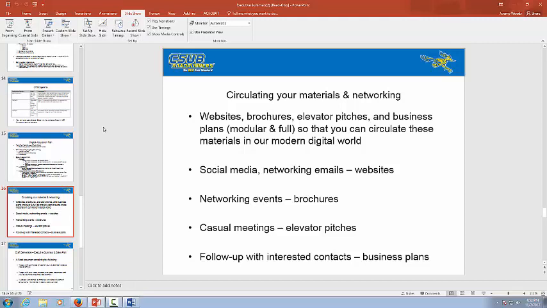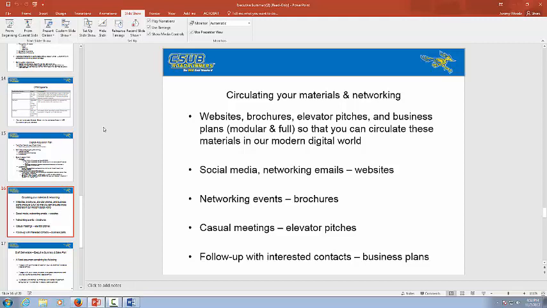For networking events, brochures are a big plus for your business. So a 1 or 2 page brochure that talks about the product and the opportunity of your business a little bit is a good thing to have for networking events.